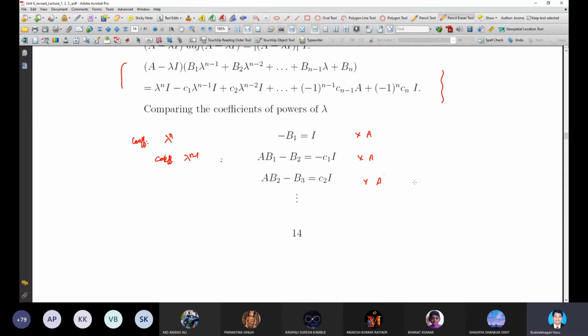Right, sorry, I got confused. It is A power n only. So we multiply with A power n, A power n minus 1, A power n minus 2, like that.